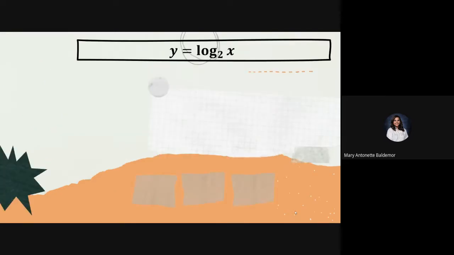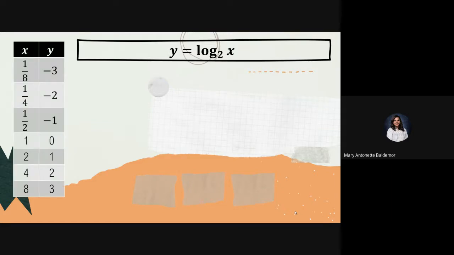Now, let's try first y equals the logarithm of x with base 2. So here's the table of values. We have the x and y. If x is 1/8, y is -3. If x is 1/4, y is -2. If x is 1/2, y is -1. If x is 1, y is 0.